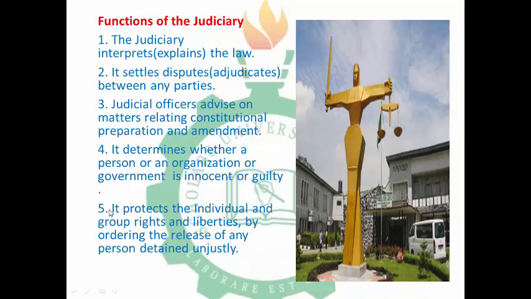So when we say protection of individual rights, individually we have our fundamental human rights in the country, which have to be protected by the judiciary. For instance, when there is a criminal case and the police arrested a number of people and are trying to investigate, such persons involved in the course of the investigation should not be delayed more than 24 hours.